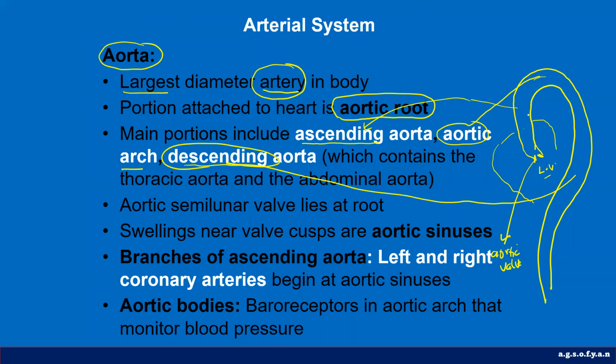Okay, and the ascending aorta will branch. So this is the first branch of aorta, which will branch and carry blood to our heart muscle. And these two smaller arteries branching from the ascending aorta are called the coronary arteries, which is left and right.